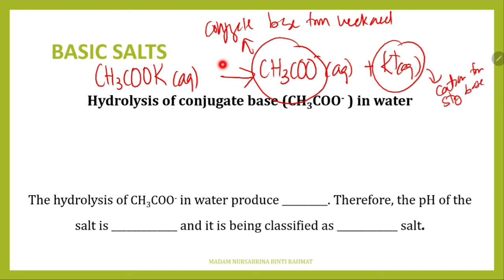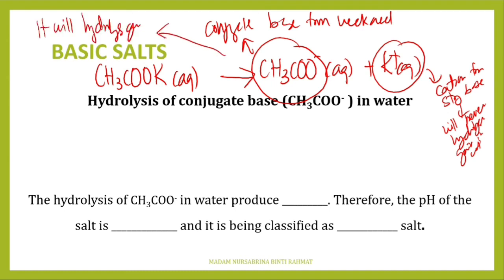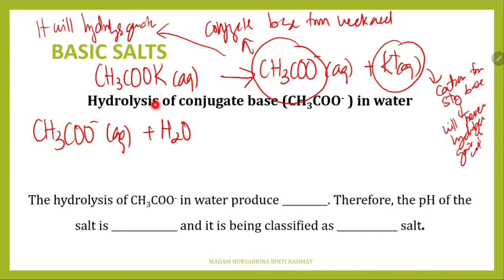Like I told you before, any ion that comes from a strong acid or strong base will never hydrolyze again in water, whereas this conjugate base comes from your weak acid, so it will hydrolyze again in water. So let's write down the hydrolysis of your conjugate base. CH3COO- plus water, and it partially dissociates.